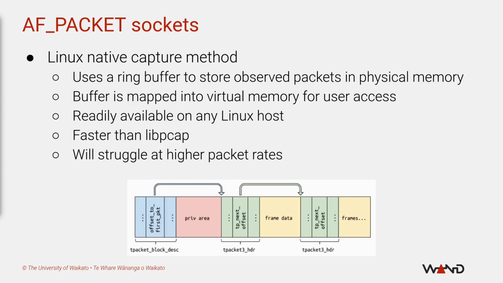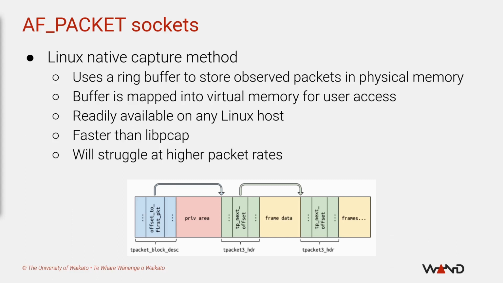The main benefit of the AF packet approach is that it uses a ring buffer to hold any captured packets in physical memory and then maps that buffer directly into virtual memory for the user space application to have direct access to the packets, without requiring an expensive copy of each packet into user space. AF packet also supports a fan-out mode, whereby captured packets can be spread among multiple buffers, say for example one buffer per packet processing thread, to achieve a decent amount of native parallelism.